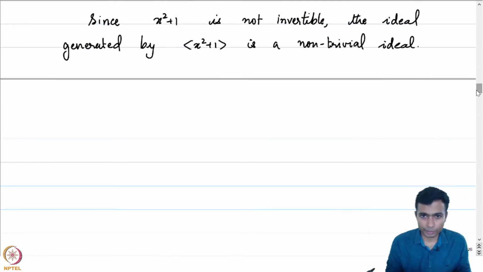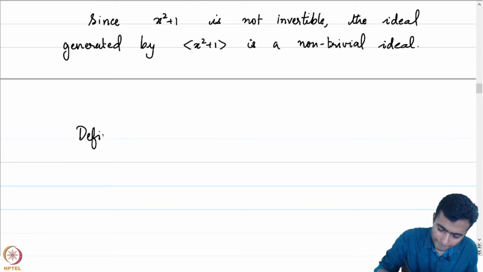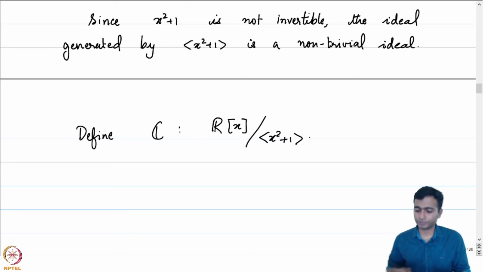We will be killing x square plus 1. That will be the right place to look for a root of x square plus 1. So let's define C to be the quotient of R of x by this ideal x square plus 1.